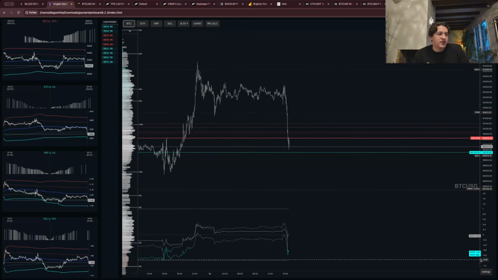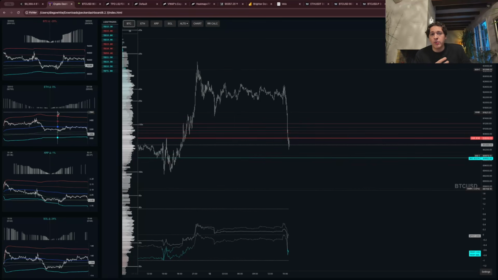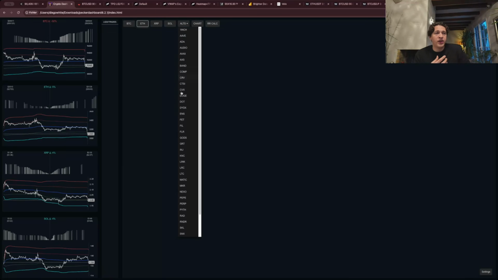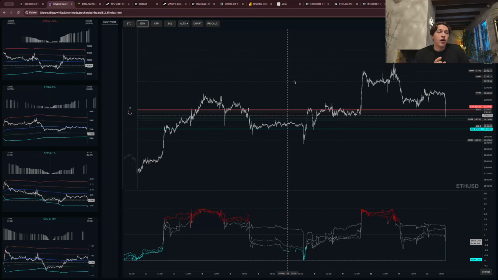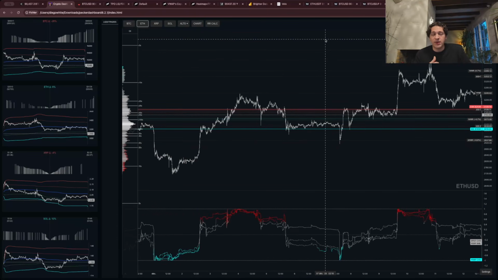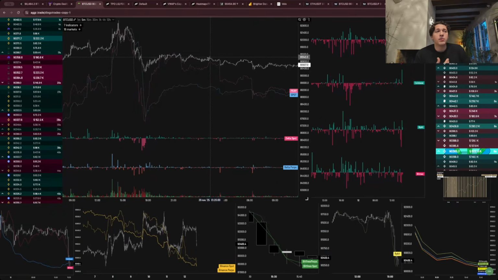I have the perp CVD, the perp spot CVD, and the perp imbalances that give me triggers also, and I can have the same thing on Ethereum, XRP, Solana. I just click here and it will give it to me, and I have all the altcoins also. That's a local file running through API, basically a WebSocket. That's a personal indicator that I give to my students in the mentorship program.